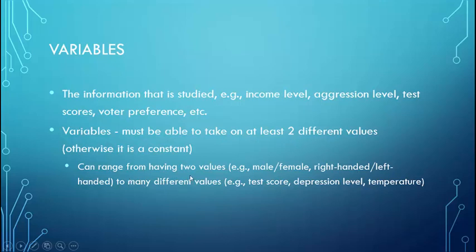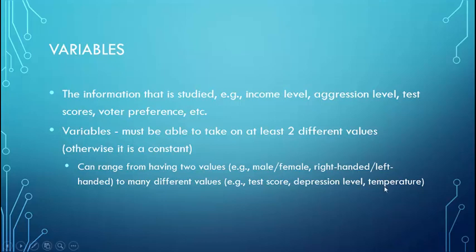And variables can range from only having two values. Are you right-handed or left-handed? Male, female, married, not married. Those would be variables with two values, to variables that have many different values, like what is your score on your statistics final? It could be anywhere from 0 to 100, right, with everything in between.